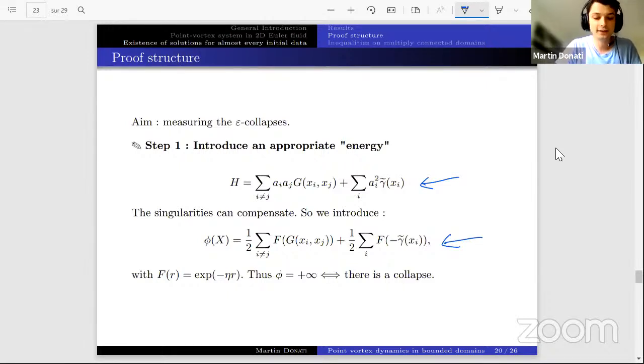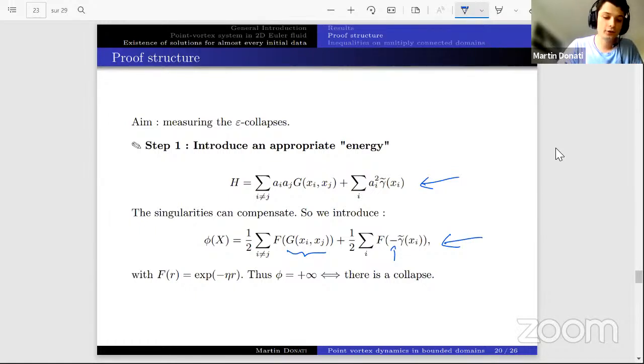we remove the masses, so we have no sign problem, and we change the sign of the Robin function, because the Robin function goes to plus infinity when getting close to the boundary, while the Green's function goes to minus infinity when going to infinity.